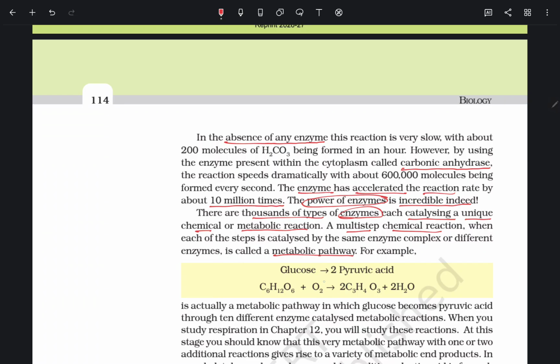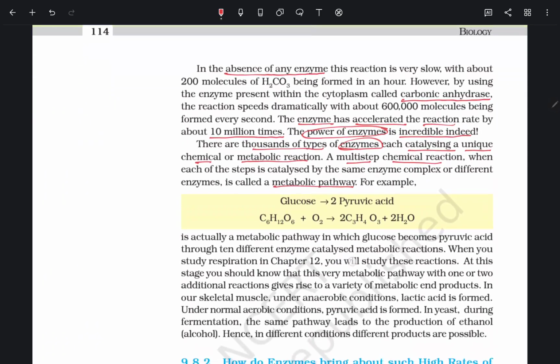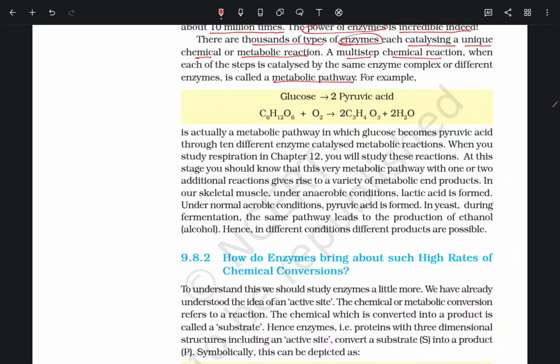For example, glucose to 2 pyruvic acid is actually a metabolic pathway in which glucose becomes pyruvic acid through 10 different enzyme-catalyzed metabolic reactions. When you study respiration, you can relate glucose to 2 pyruvic acid.